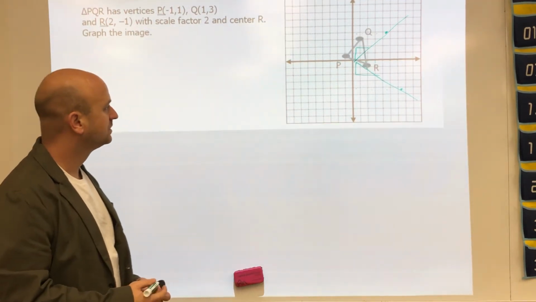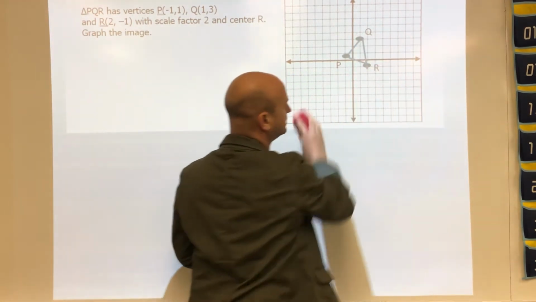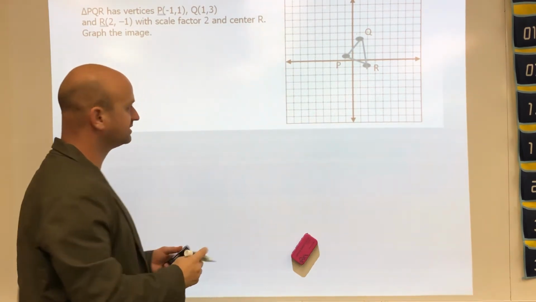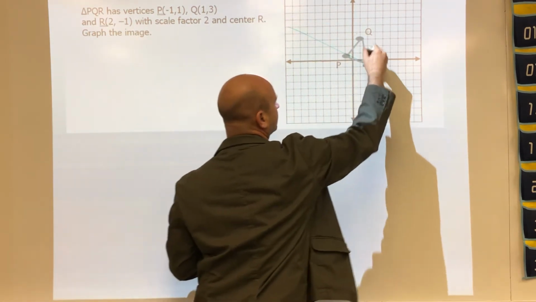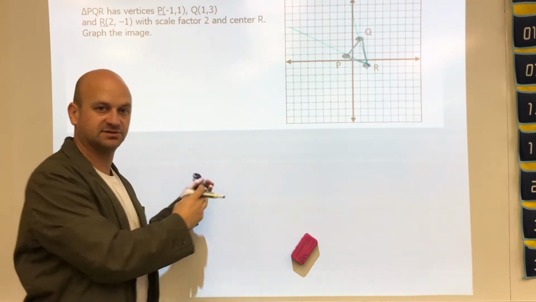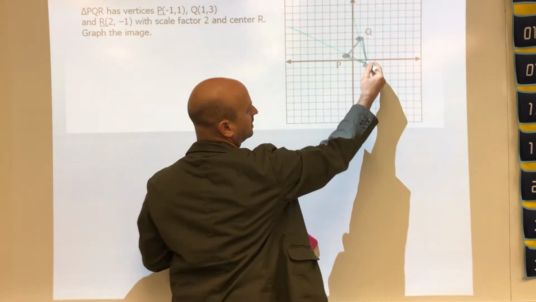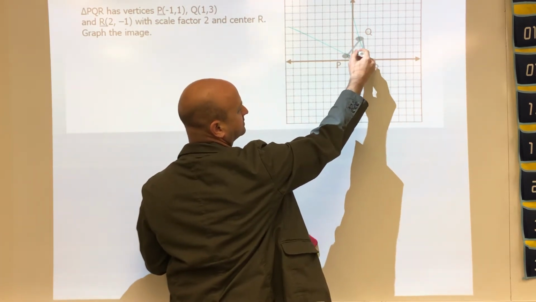All right, here's another example where we're going to center at R. So it's the same triangle, but we're going to have a different center. So the center doesn't move. So what we can do is extend these lines out and then use the slope concept to figure out the scale factor. So from R to P, we go up 2 and left 3.